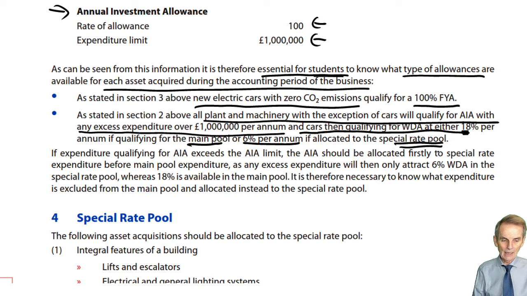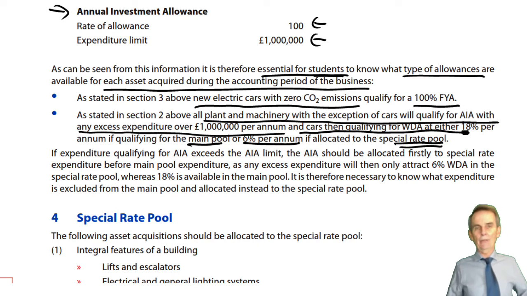Now, we've said that for a normal 12-month period, at least for an unincorporated trader, it's unlikely that we go over £1 million worth of qualifying plant and machinery, so you'd expect everything to qualify for AIA. But if we put it in an opening period context, we had a 3-month period in that example, as you know. That cut it down to 250.